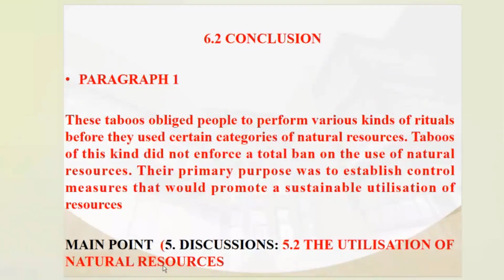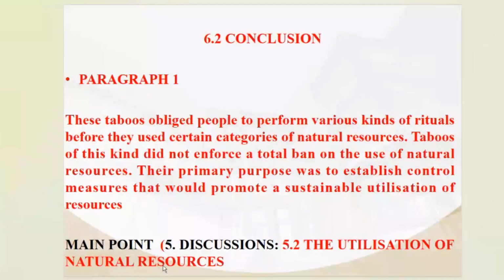And we go again to the paragraph and find there's continuation of talk about the taboos, and we'll again see them under 5.2, chapter 5, under the discussions. The statement reads like this: These taboos obliged people to perform various kinds of rituals before they used certain categories of natural resources.